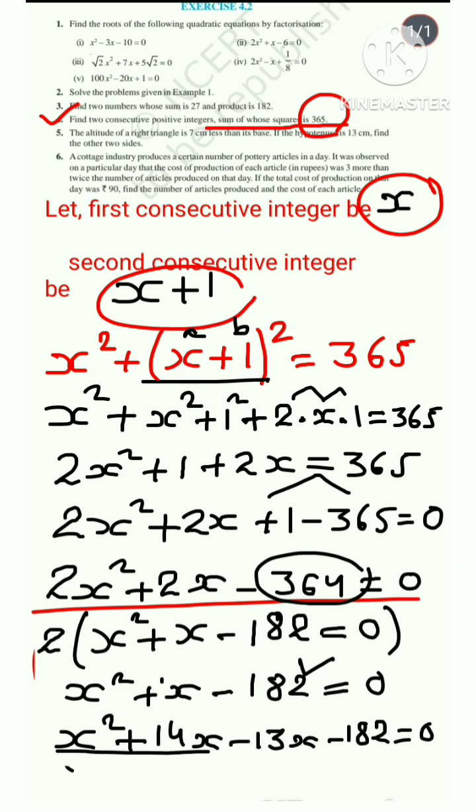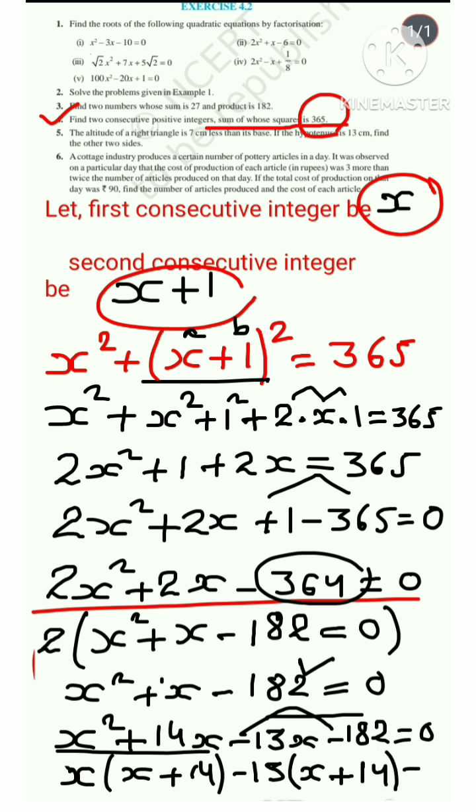Now from this pair we can take x as a common. x is common, so here remains x plus 14 minus, and from this pair we can take 13 as a common, and here remains x plus 14, and 13 divides 182 by 14 times equal to 0. Okay, now let's proceed to next page.